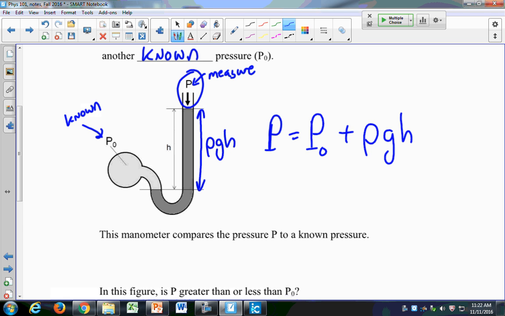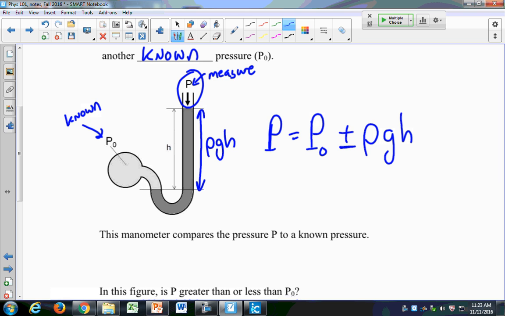We're going to throw a little kink into it, though, because sometimes it's positive and sometimes it's negative. And in each case, you want to think about how the pressure compares to P naught. So here, how does P compare to P naught? Is P, the pressure that you want to measure right here, bigger, smaller, or the same as P naught?